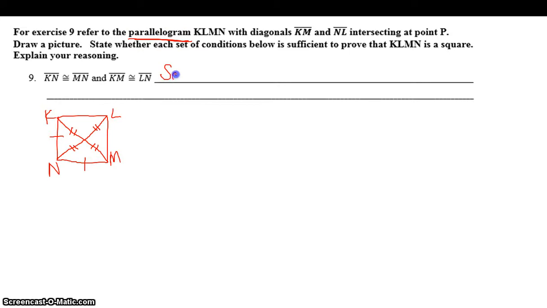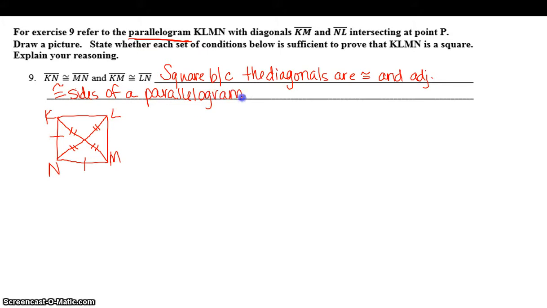So this is a square because the diagonals are congruent and adjacent congruent sides of a parallelogram. So again, this hinges on knowing that it's a parallelogram first, then you can go further and say whether it's a square in this case, or the previous problems, rectangle or rhombus.